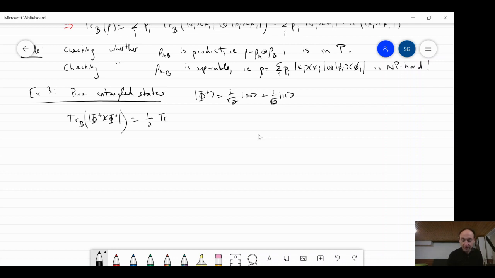Remember the trace is linear. There will be 4 terms if you expand this ket-bra: the trace out of B of |00><00|, the trace out of B of |00><11|, and so on, plus the trace out of B of |11><00|.